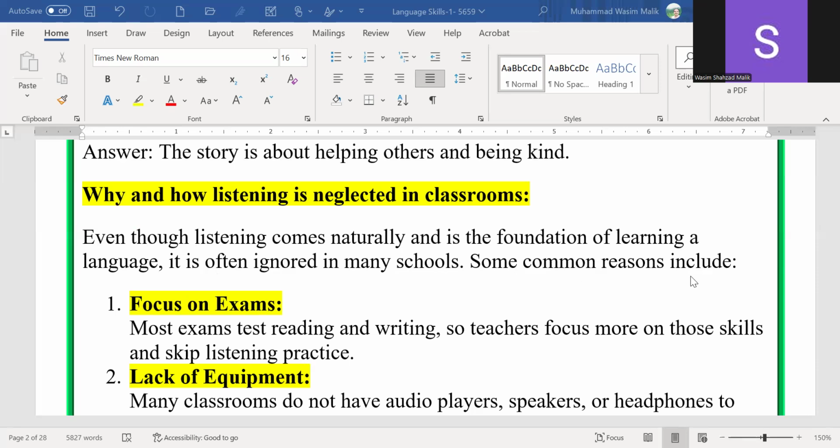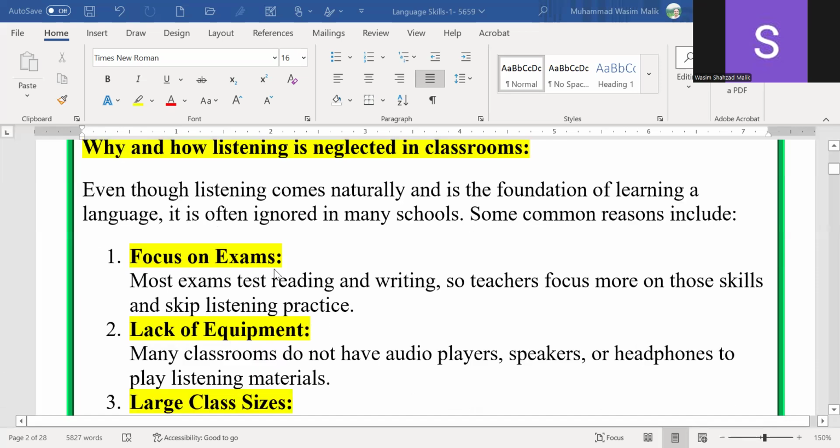Some common reasons include focus on exams. Our curriculum and syllabus are not developed in such a way that they develop listening or the other skills in the students. Rather, our exams don't require the development of these skills.